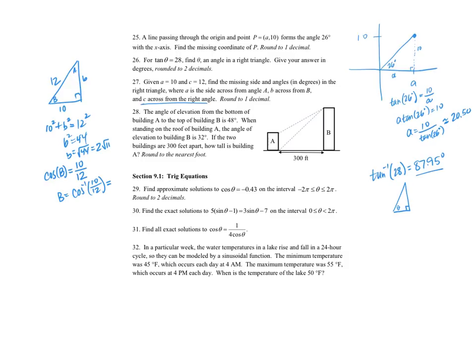It says it wants the angles in degrees, so we'll do cosine inverse of 10 divided by 12. That gives me 33.56 degrees. Oh, round to 1 decimal, 33.6 degrees.